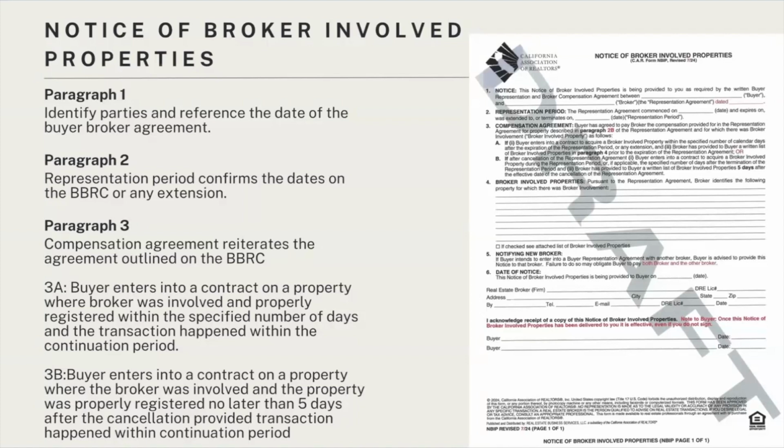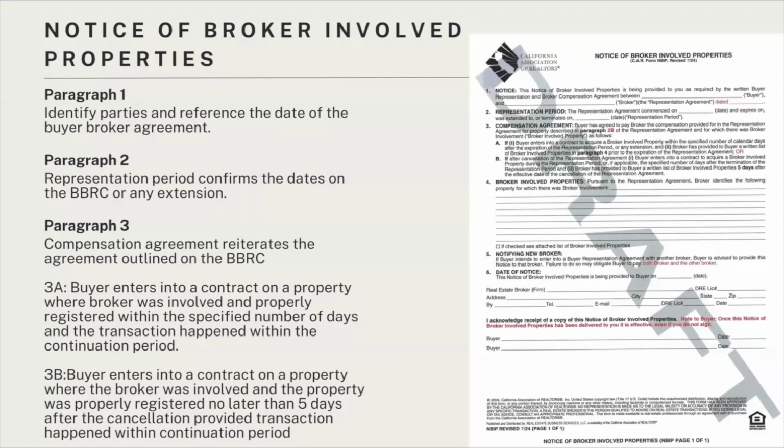So 3A, buyer enters into a contract on a property where the broker was involved and the property was properly registered within the specified number of days, and the transaction happened within the continuation period. So it's fairly narrow. You need to make sure all those things are happening. But under those circumstances, the buyer needs to be aware that you could be due a commission or you are due a commission if all those things are met.